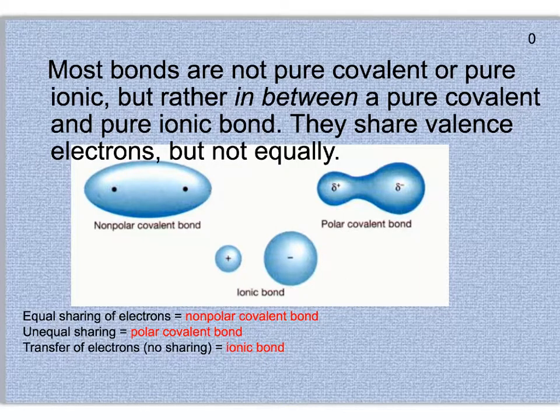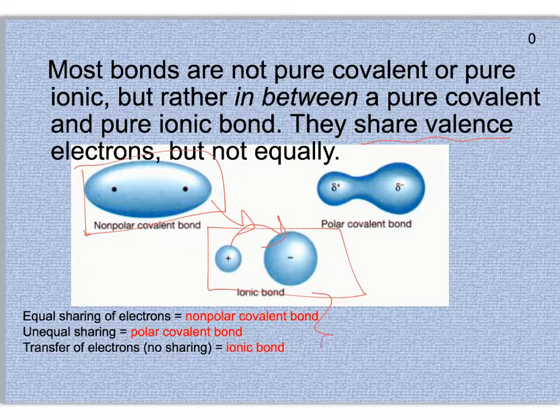The type of bond made, we talk often about covalent bonds versus ionic bonds, but the type of bond that's made really lies on a continuum, and on one end of that continuum is a completely nonpolar covalent bond where valence electrons are shared completely equally, and the other extreme is an ionic bond where there's no sharing going on at all. One of the atoms has completely transferred one or more valence electrons to the other atom.